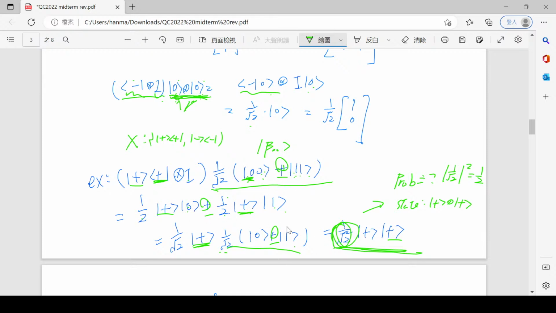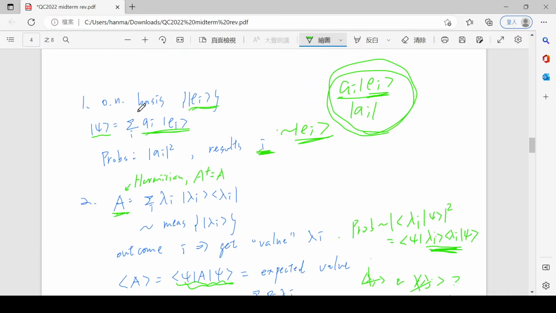Because if you keep a -1 here, you actually give a minus here. Okay. So if this is a global state, then global phase doesn't matter. But if this state is entangled to other things, then you need to be careful and keep track of the phase with this. Yeah.